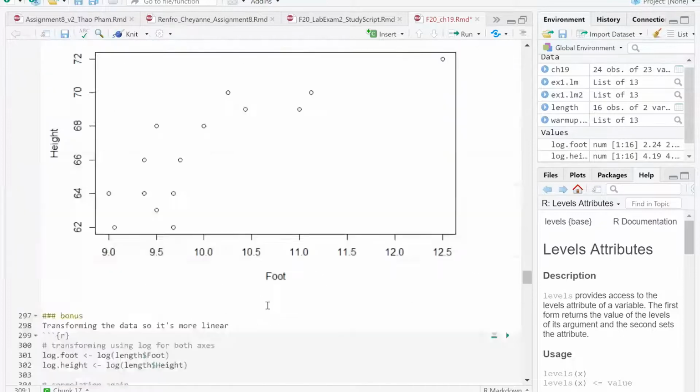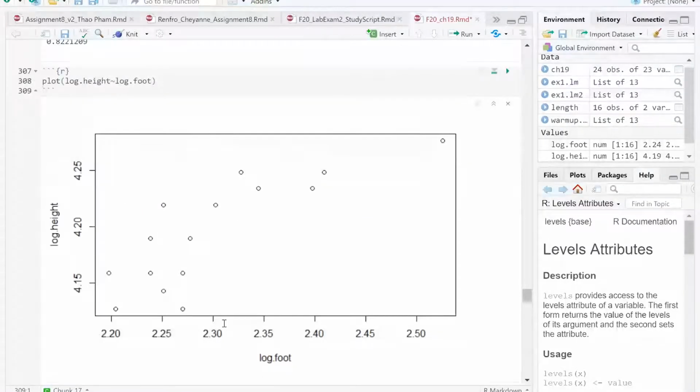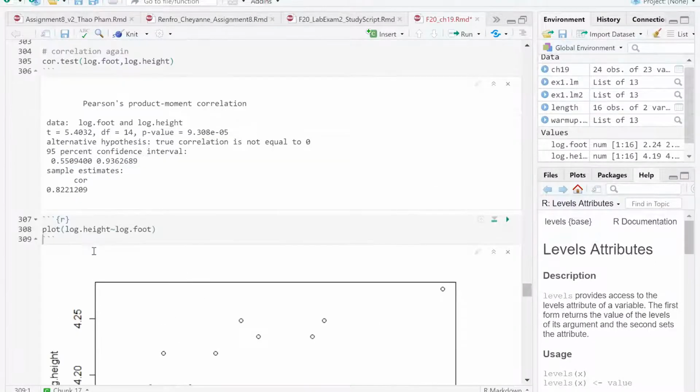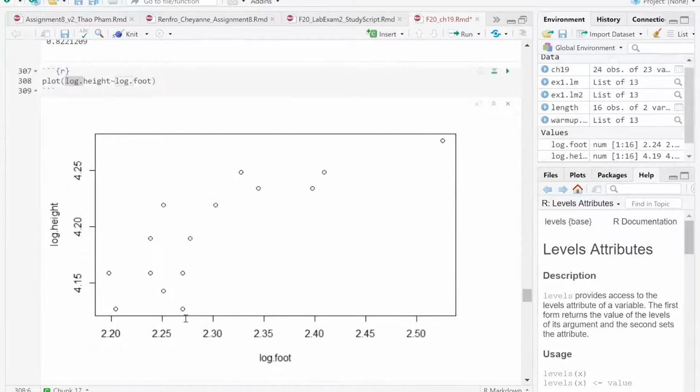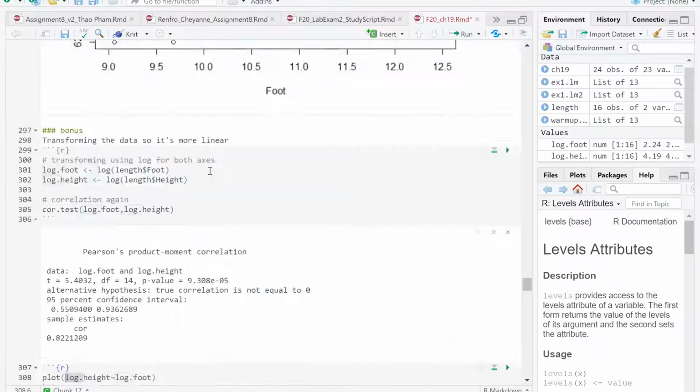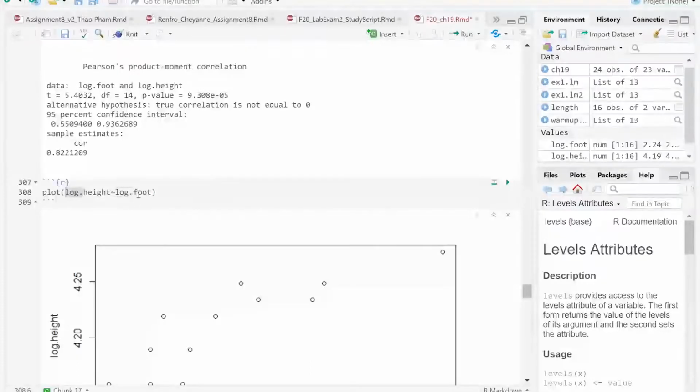So that didn't really do anything. Maybe if we just log transformed one of them. Which one has the biggest outlier? Maybe if we just log transform height and not foot. Sorry, I'm just kind of wondering now.